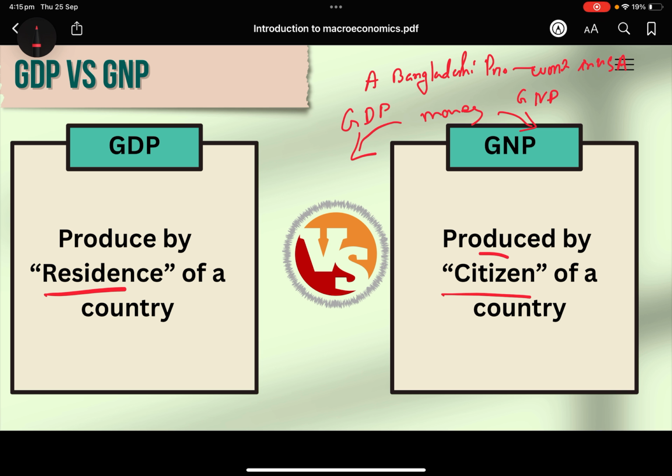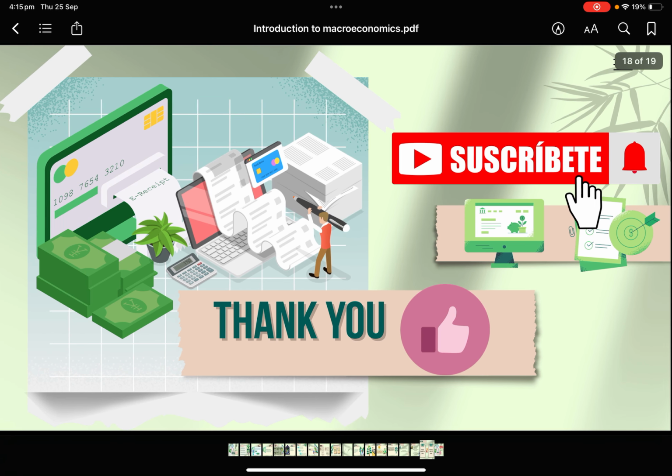GDP is for residents and GNP goes to the citizen. Though he is working in the USA, he is a citizen of Bangladesh, so his income will be part of the GNP of Bangladesh, whereas he is now a resident of the USA, so his income will be in the GDP of the USA.